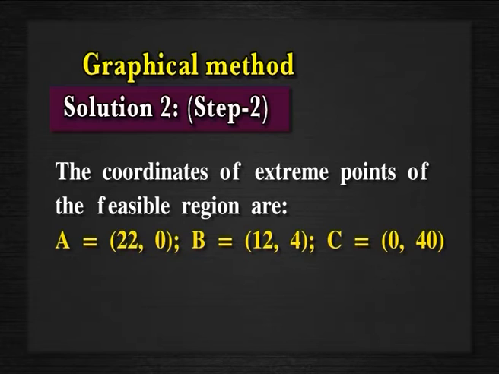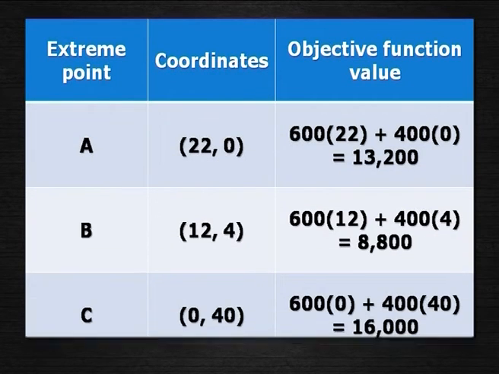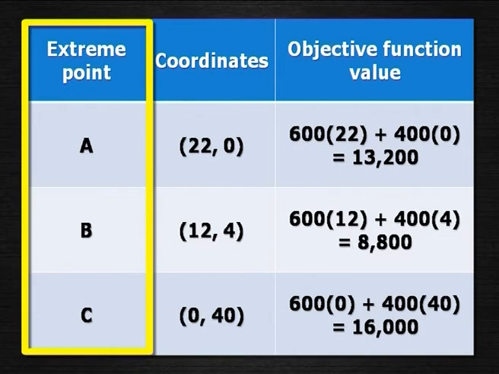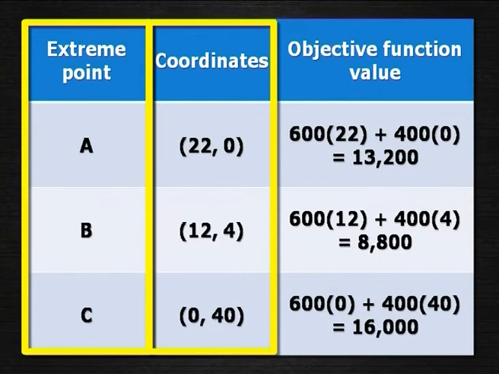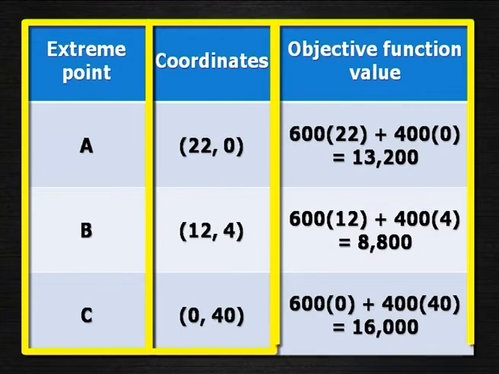Evaluate objective function value at each extreme point of the feasible region as shown in the table. The first column is the extreme points A, B, C and coordinates 22, 0, 12, 4 and 0, 40. The third column shows the objective function value.